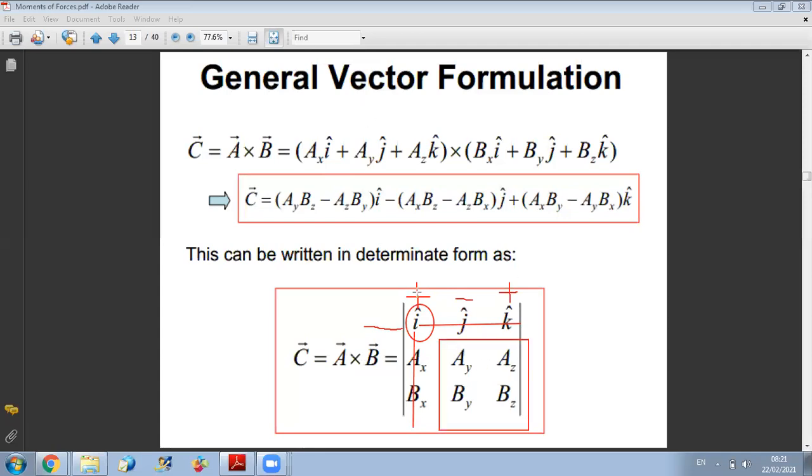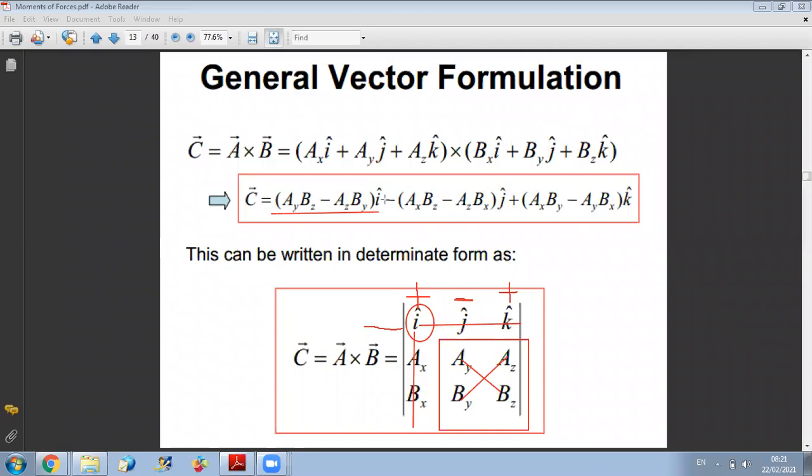So I do plus, ay times bz, I do a cross multiplication between them. So it's ay bz minus az by. This is the result you can get here. Then for j, I have a minus above j.